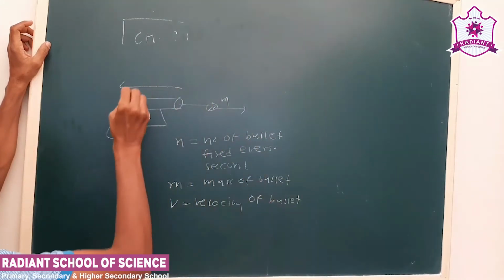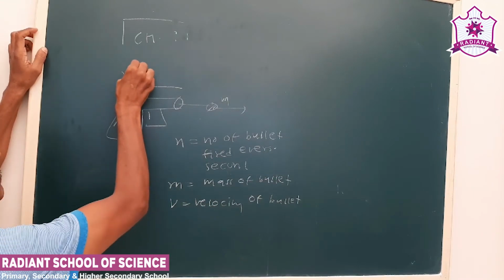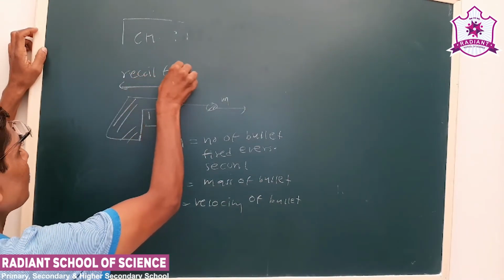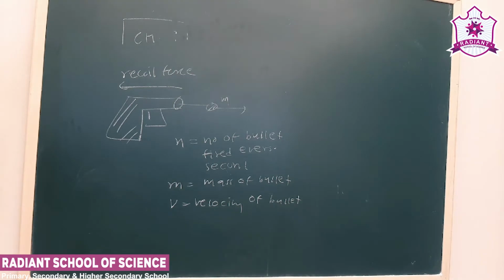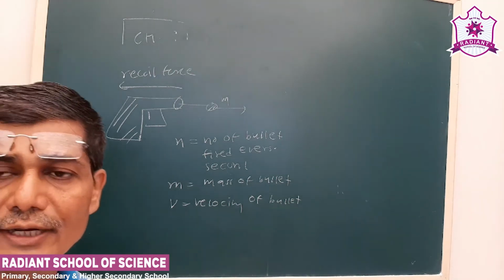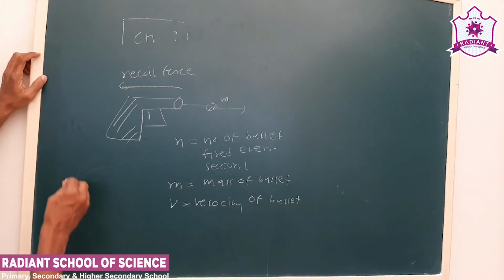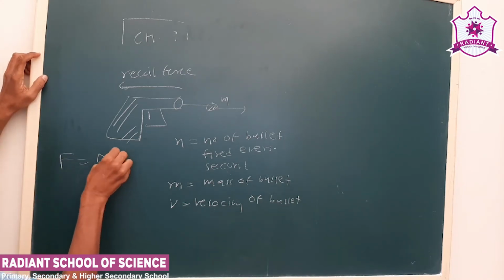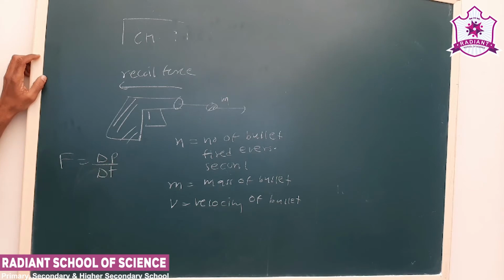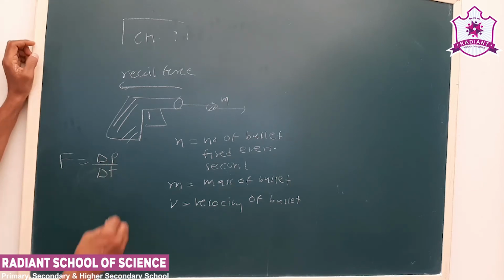See, the force experienced is called the recoil force. Now, how to calculate the recoil force? Now, see, force is delta P upon delta t. See, momentum is kg meter per second.